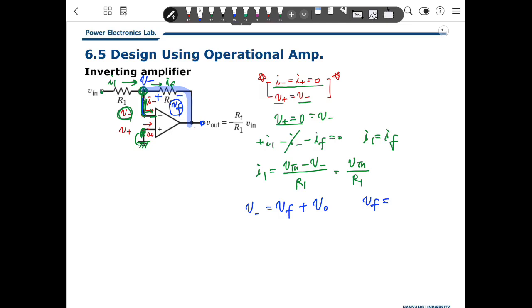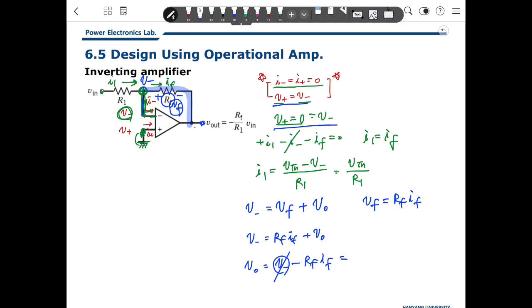VF is a voltage drop caused by RF, so RF IF. So V minus is RF IF plus Vout.